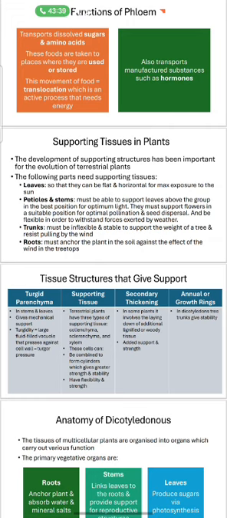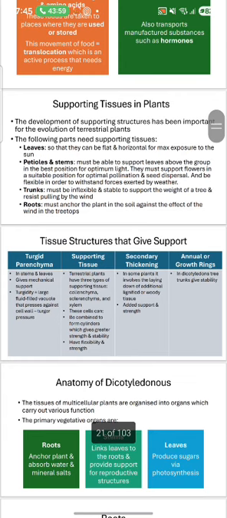Petioles and stems must be able to support the leaves above the ground in the best position for optimum light. They must support the flower in a suitable position for optimal pollination and seed dispersal, and be flexible in order to withstand forces exerted by weather.